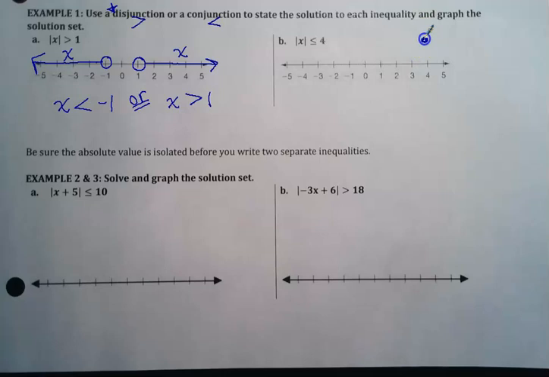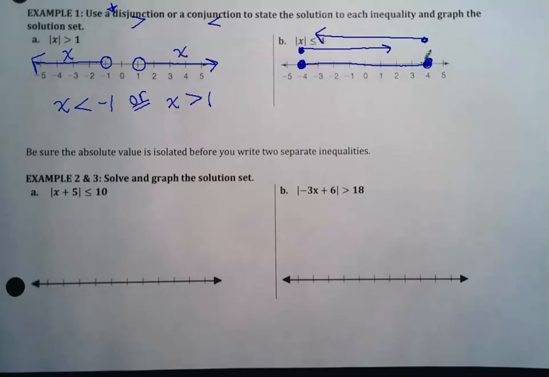So negative 4 has to be less than. For the other one, if we have a negative 4 for our x value, the absolute value of negative 4 has to be less than, so it would go this way. So we would have some overlap. We would go from negative 4 to positive 4.